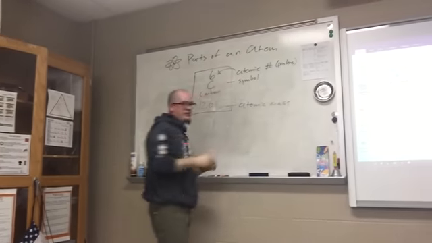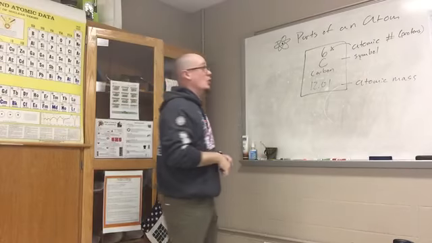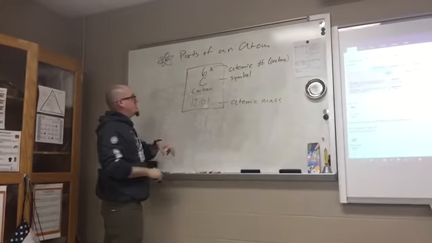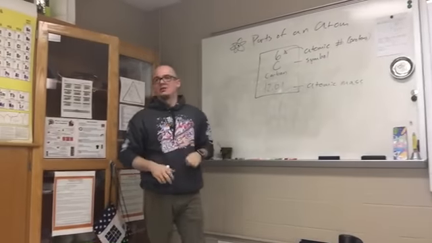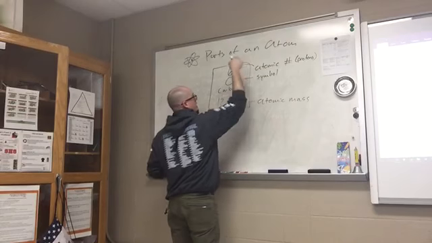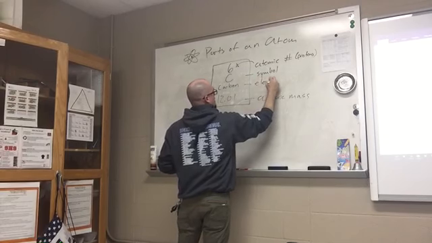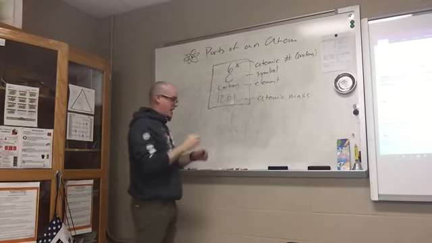That tells you how heavy that element is. One atom, that's actually a mole of substance, but that is the weight or the mass of that atom. Okay? So we have the atomic number at the top, the symbol, the element, and the atomic mass.